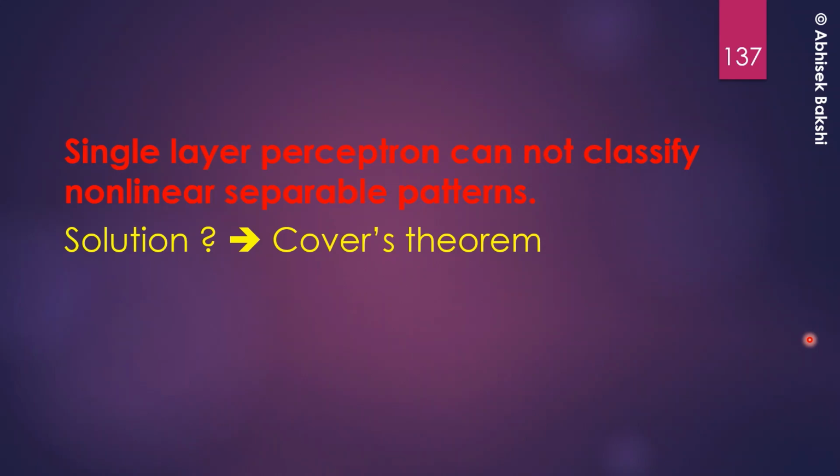We will understand Cover's theorem first, and then we will try to realize how Cover's theorem is actually modifying the single layer perceptron so that it solves the problem of nonlinearly separable patterns. So let's go to Cover's theorem.